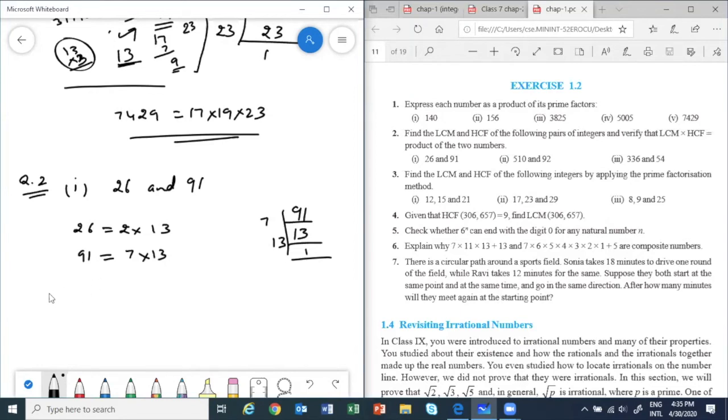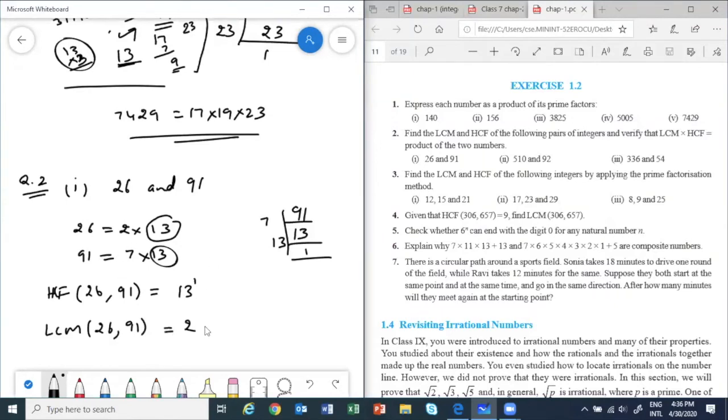Right? So now HCF will be, see the common factor. What is the common factor? 13 is the common factor, right? So 13, lowest power is 1. LCM of 26 and 91 will be, take all.